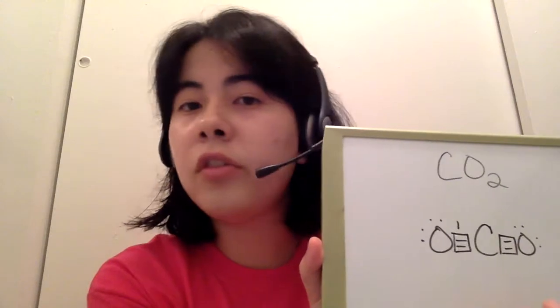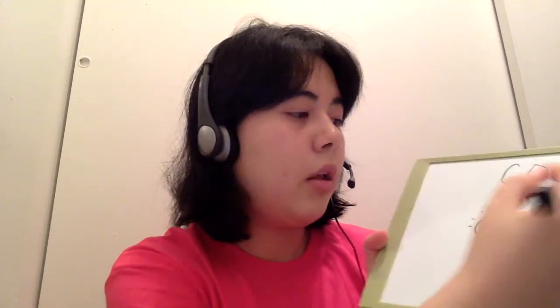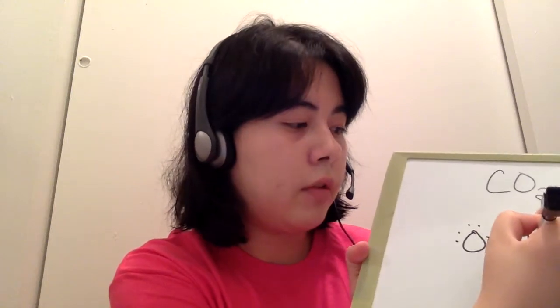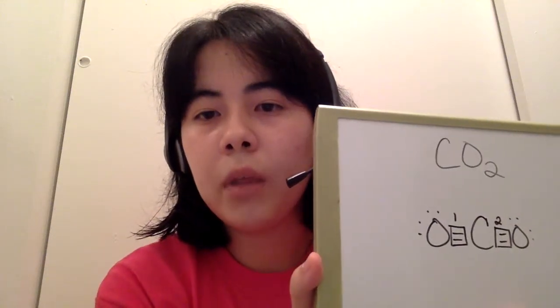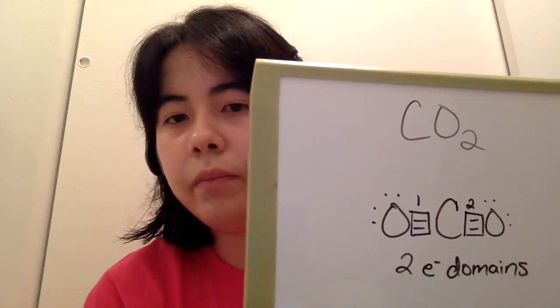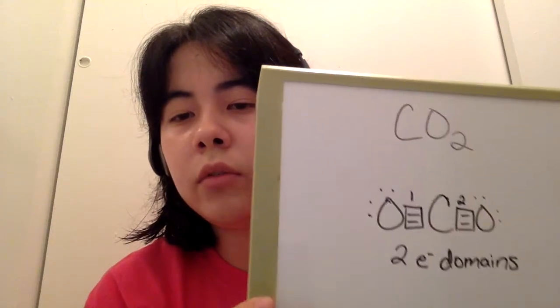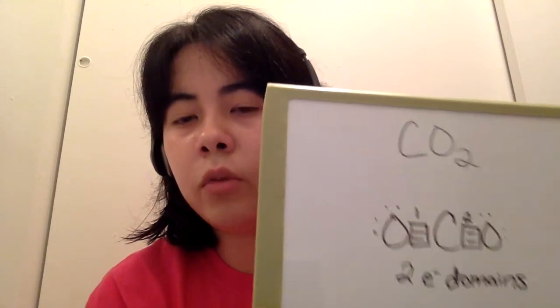That's just the general rule: double and triple bonds are counted as 1. And then this one over here, we count as another one, so that makes our second. So in this example, we only have 2 electron domains. Remember, double and triple bonds you count as 1.